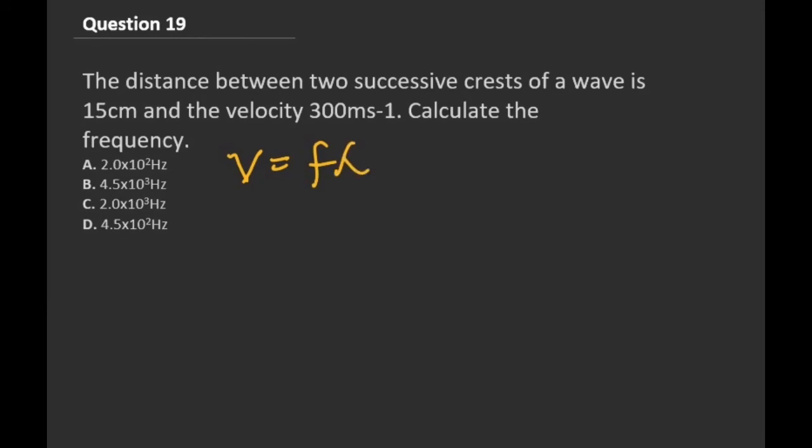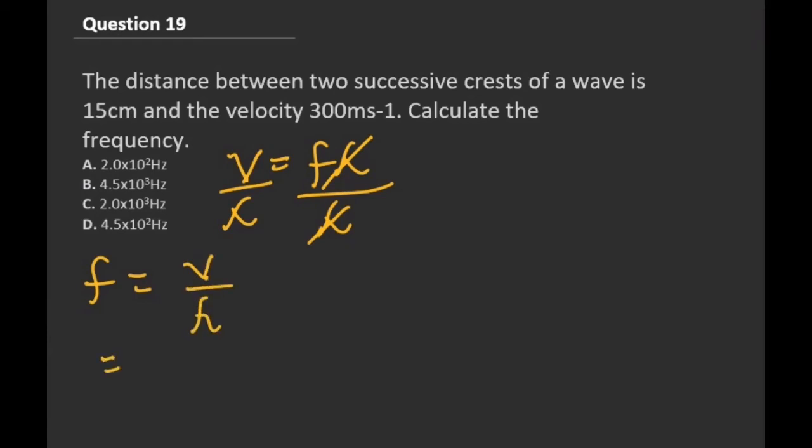Okay, so they ask us to calculate the frequency, make frequency the subject of the formula by dividing both sides by the wavelength. Wavelength cancels wavelength. So frequency will give us velocity divided by wavelength. What is the velocity? The velocity is 300 meters per second.